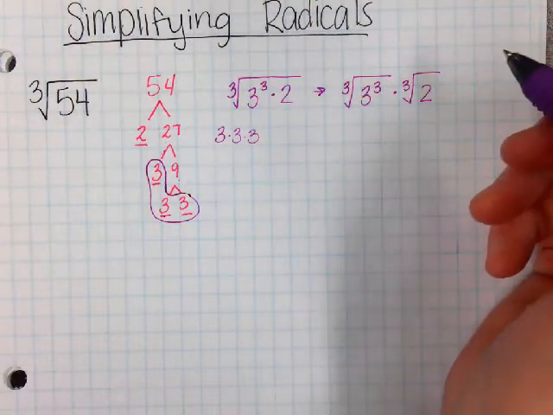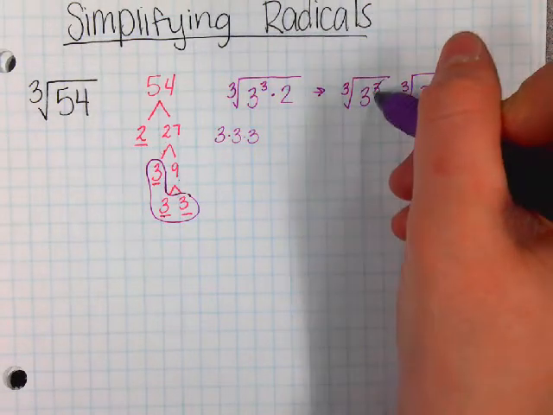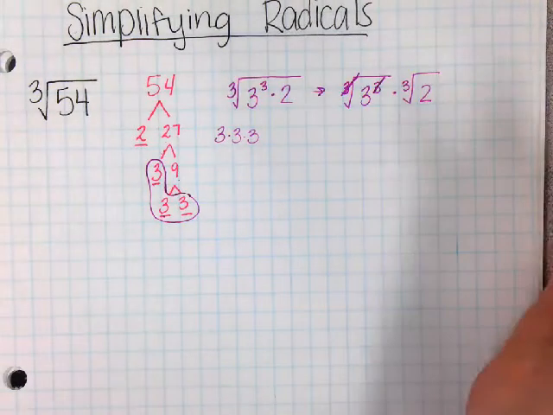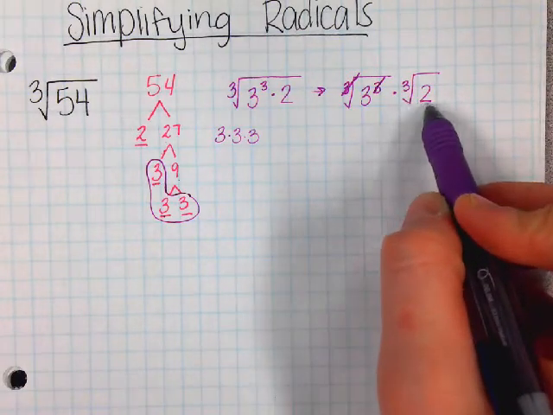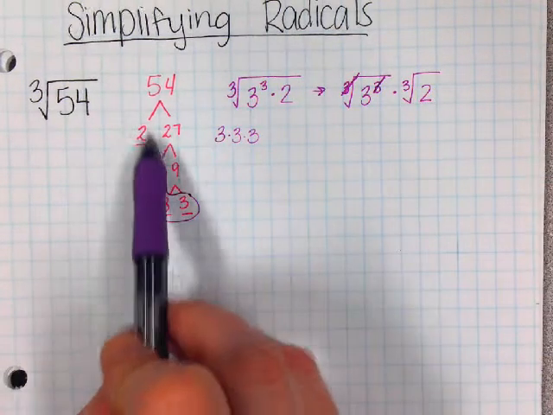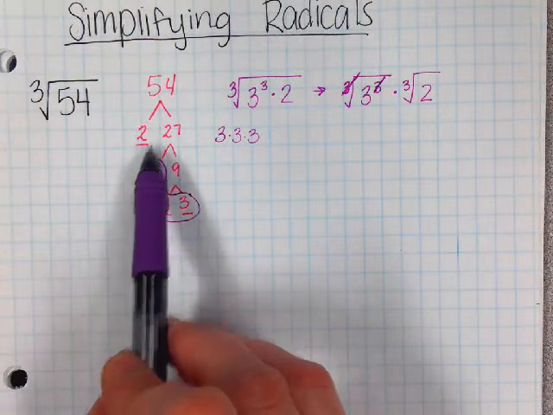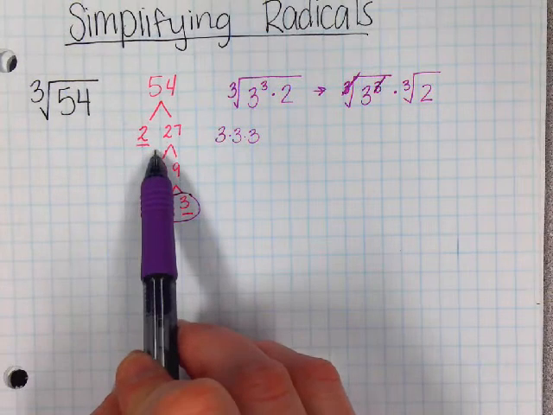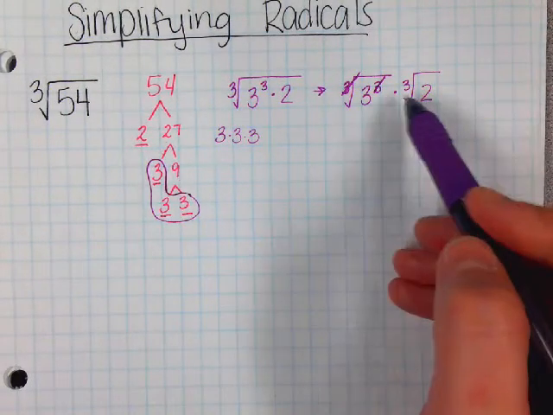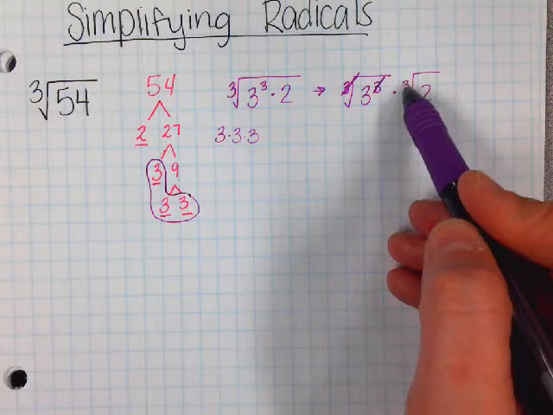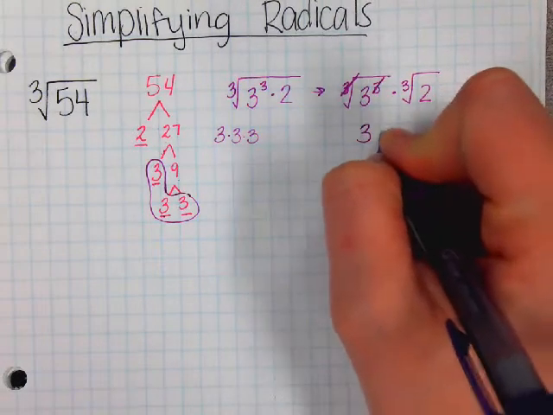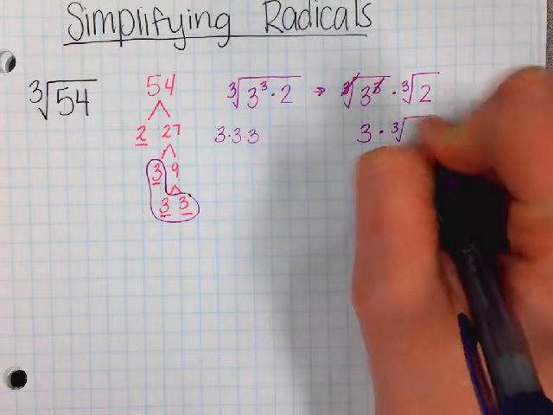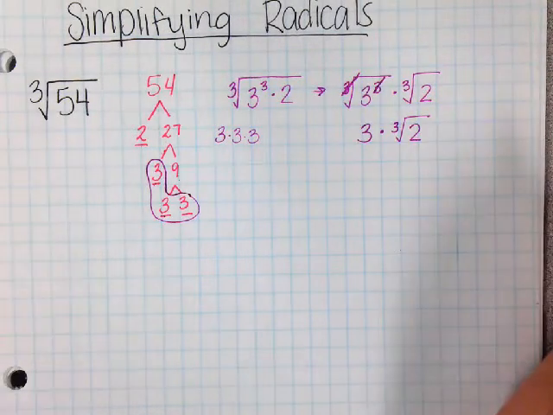And then remember, just like a square root and a square cancel out, both of those cancel out. And if you look, the third root of 2, the 2 is by itself on this factor tree. Even if there was a second 2, it couldn't cancel out, because the index tells you that you need 3 of them. So then it would be 3 times the cube root of 2.